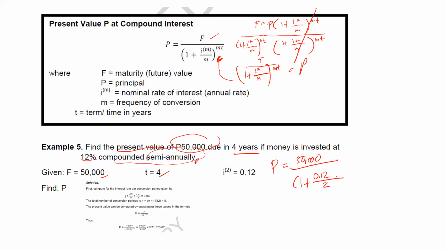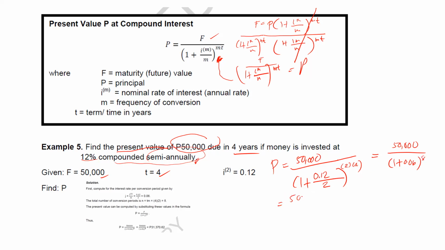Kasi twice a year siya. Raised to M times T, that is 2 times ang T natin is 4. So this is equal to 50,000 divided by 1 plus 0.12 divided by 2. Okay, pwede siya. 0.06 raised to 2 times 4 is 8.